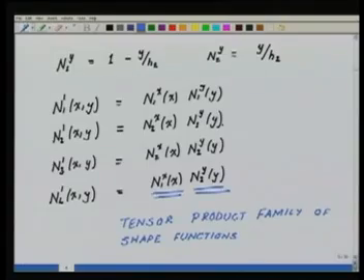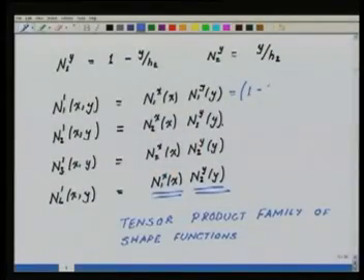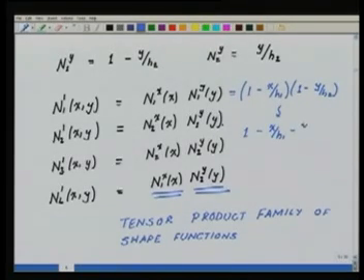Let us look at some features of it. What is my n1 of x? It is nothing but 1 minus x by h1. n1 of y is 1 minus y over h2. So if I take this product, this is going to be 1 minus x by h1 minus y by h2 plus xy by h1 h2.